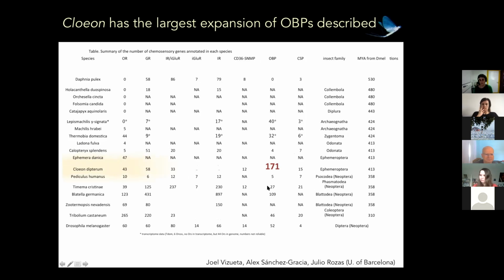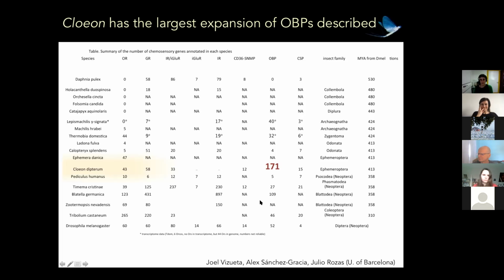We found 171 genes of odorant binding proteins, whereas, for example, Blattella germanica, which is known to have many expansions of all these different chemoperception gene families, only has 109. So it has even more genes than Blattella. It's a really, really large expansion of this gene family.